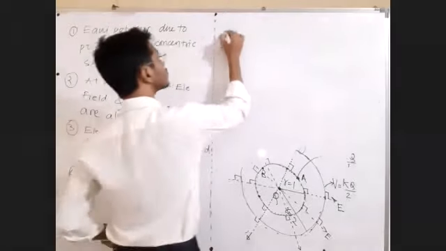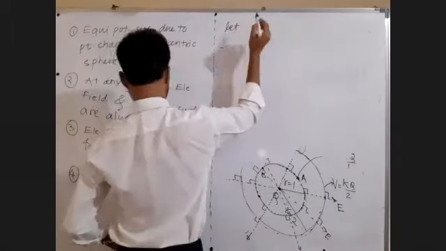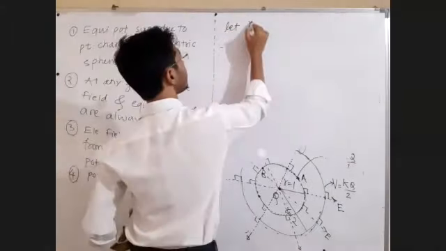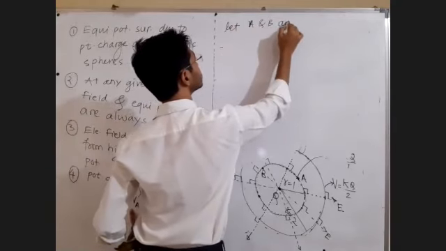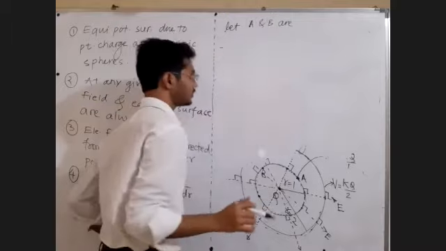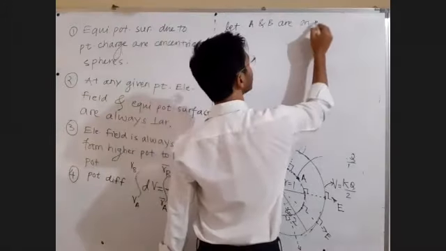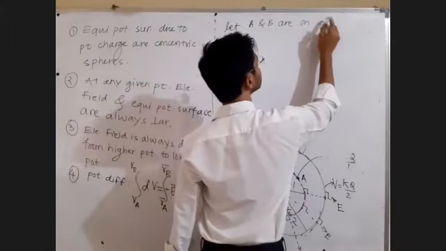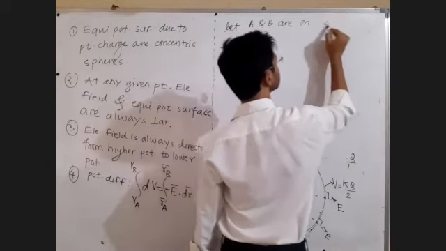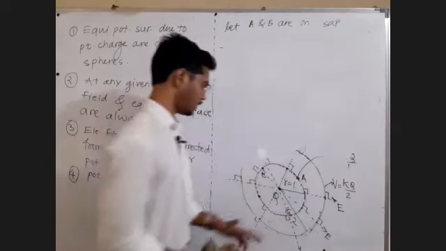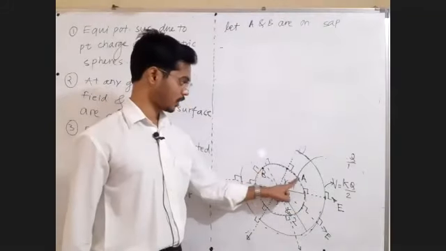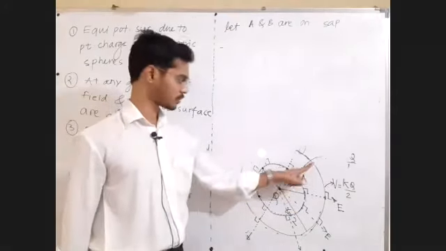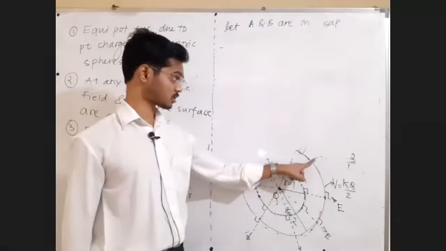Let A and B be on the same equipotential surface. A is here and on the same surface B is there. It's not that A is on the first surface and B on the second surface.